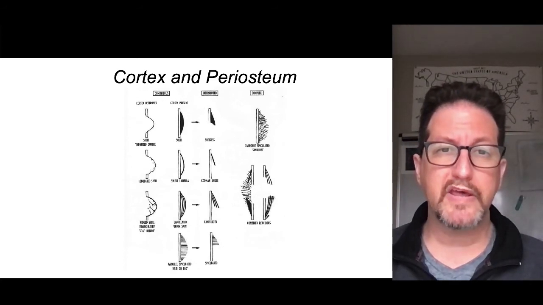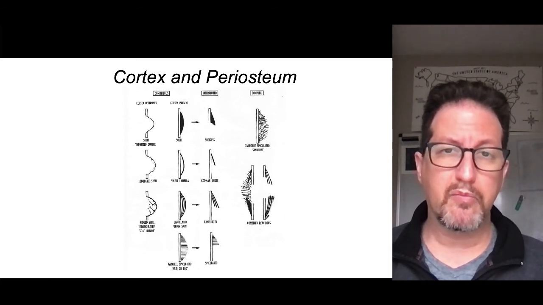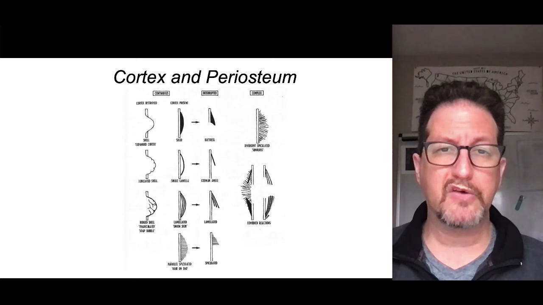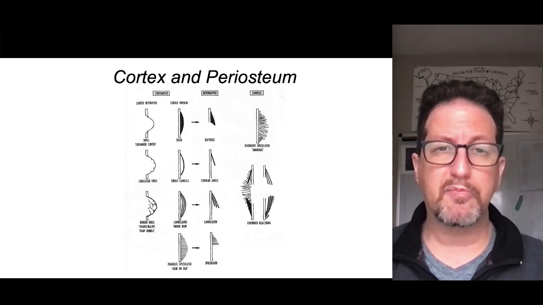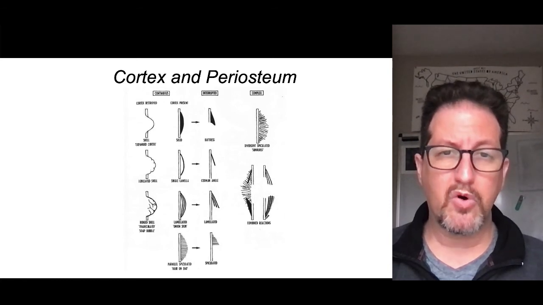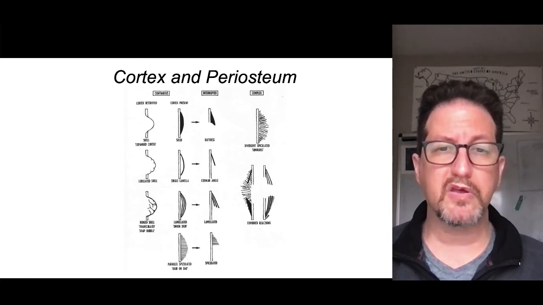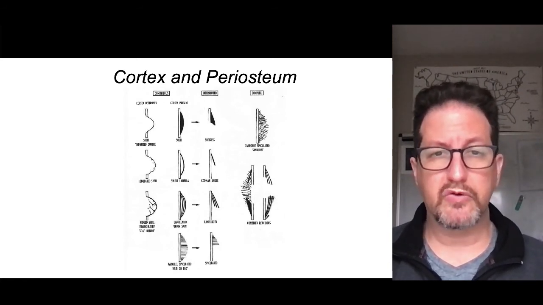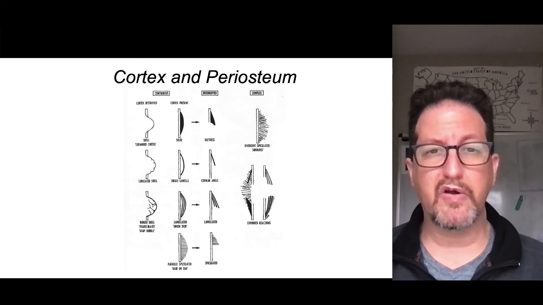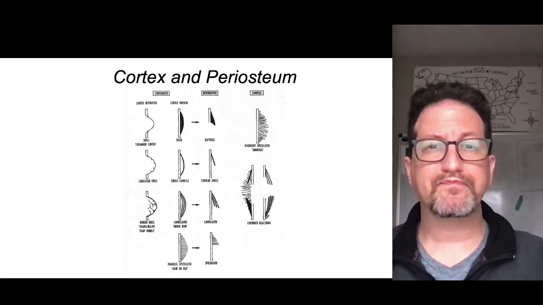You could have lamellation, where the Codman's angle has multiple areas where the periosteum has pulled away, maybe a little bit of bone deposition, it pulls away again, and some more. And then you can have, of course, the spiculated, which as you can see, just looks like the periosteum is coming right off of it.